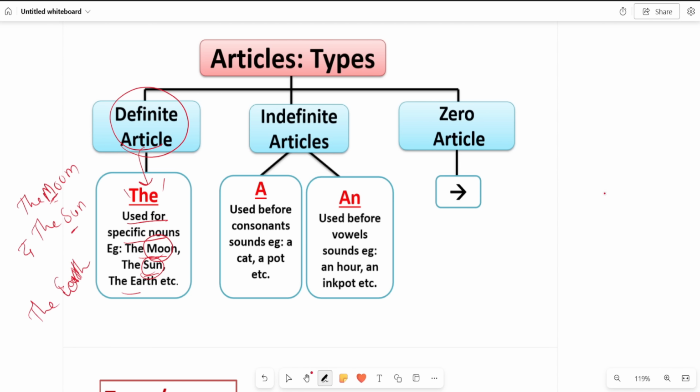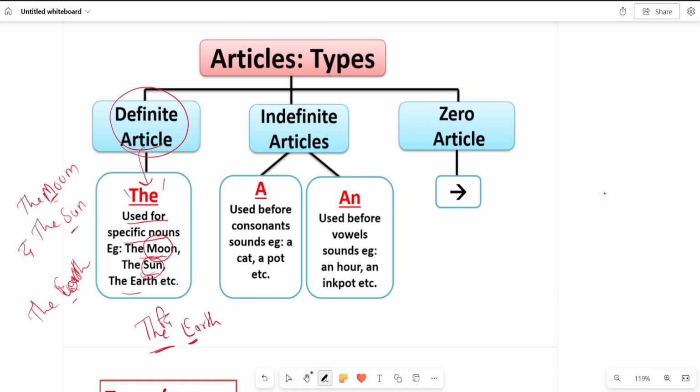So here what we have is an E sound. Let me write here, it will be very clear. So here we have a vowel sound, so that's the reason we pronounce it as thee. Before a consonant sound we say the, and before a vowel sound we say thee, right? This is a very minute difference we should know. I hope you have understood.